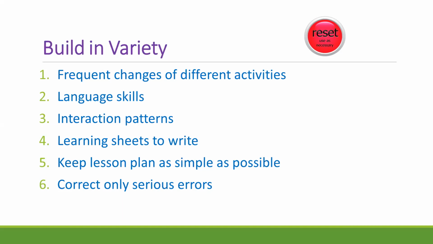And for the lesson plan, I think in the beginning, we could put a simple one as a framework and correct only serious errors, because students sometimes are just too shy to speak out. So to encourage them to use the language, if they say something not so correct, that's okay, never mind.